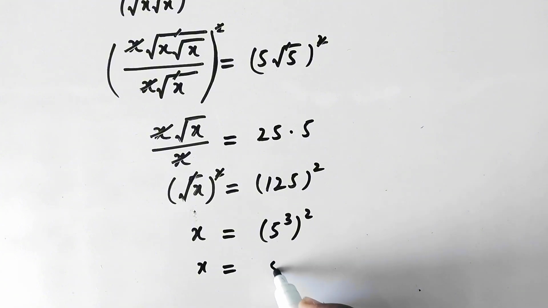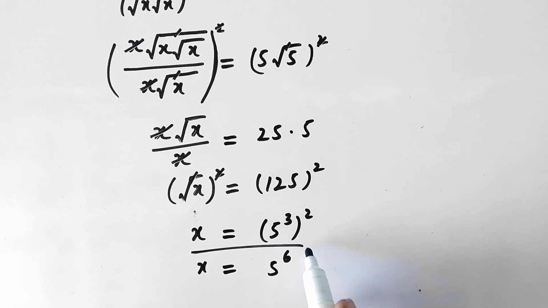So here the powers will be 5 to power 3 times 2 is 6, and that is the value of x or our final answer.